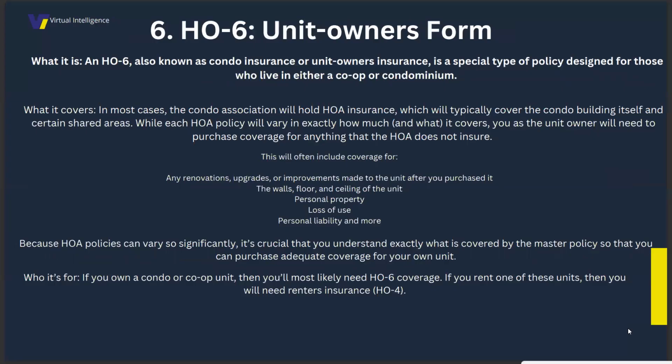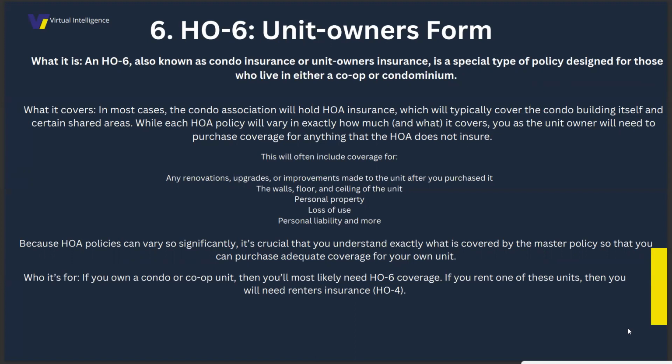The sixth type is the Homeowner 6 or the Unit Owners form. An HO6, also known as Condo Insurance or Unit Owners Insurance, is a special type of policy designed for those who live in either a co-op or condominium.